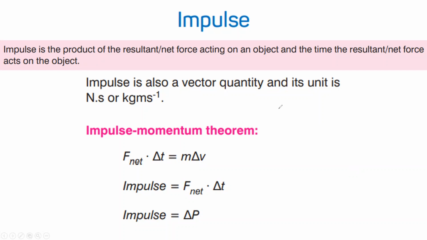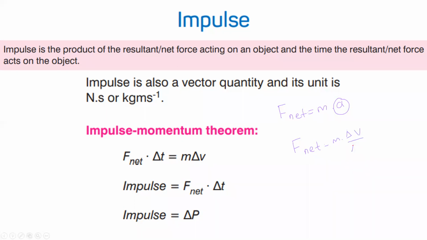F net equals mass times acceleration. And what was the acceleration formula? Delta v over delta t. So F net equals m times delta v over delta t.